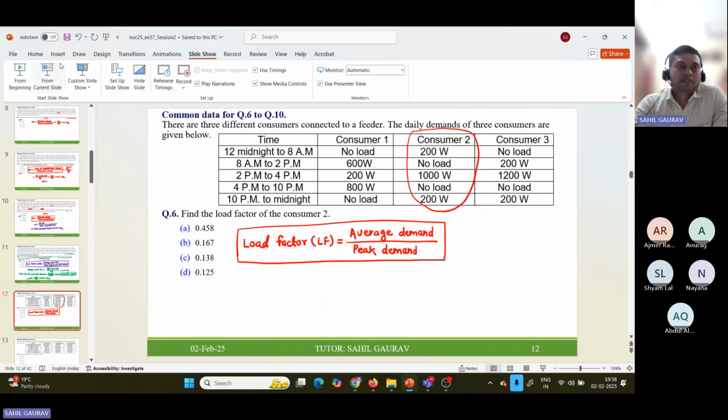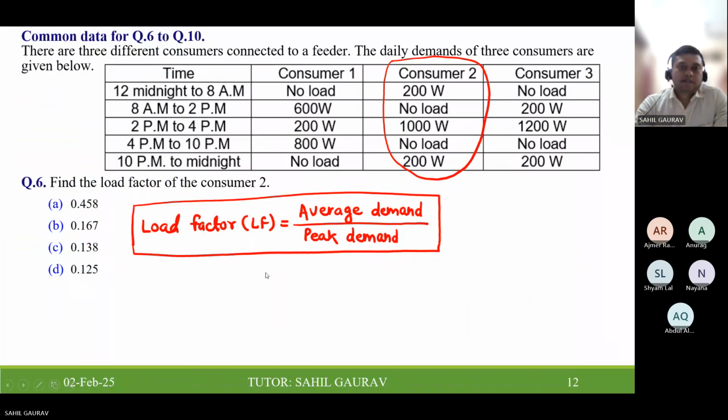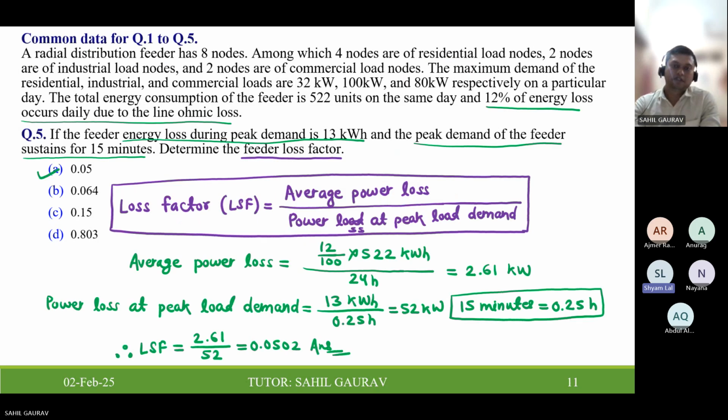Coming to this problem. I have a doubt on question number 5, sir. Can you please check again? The power loss at peak load demand is 13 divided by 0.25.